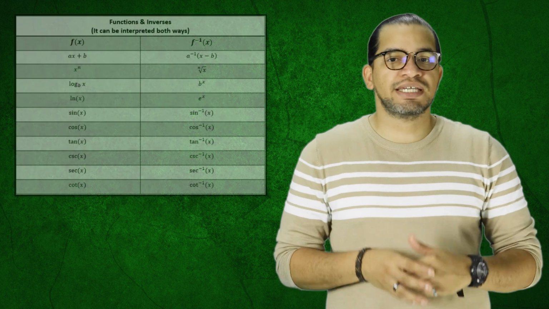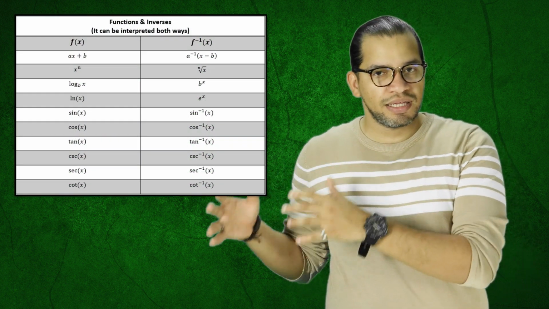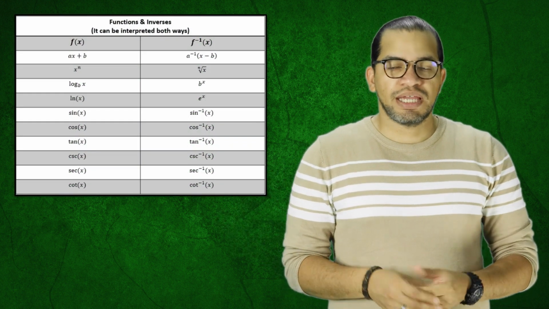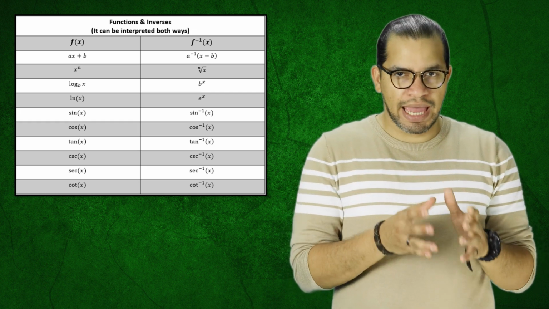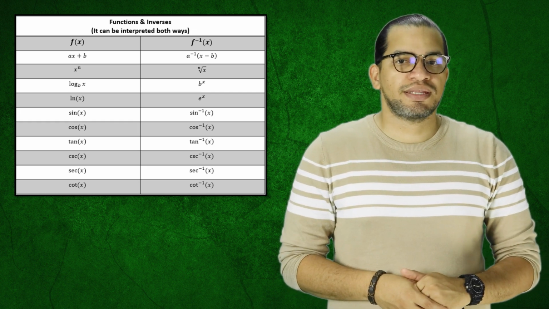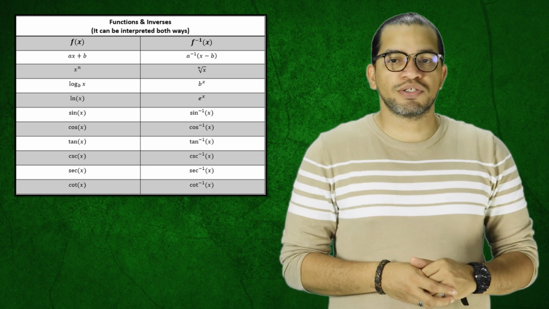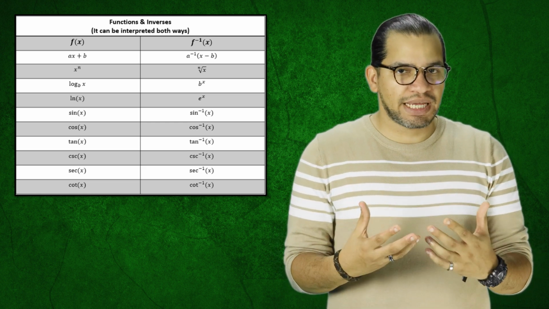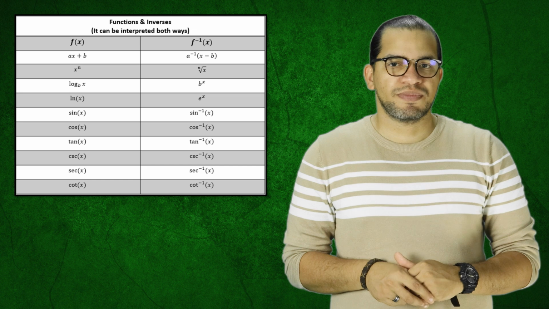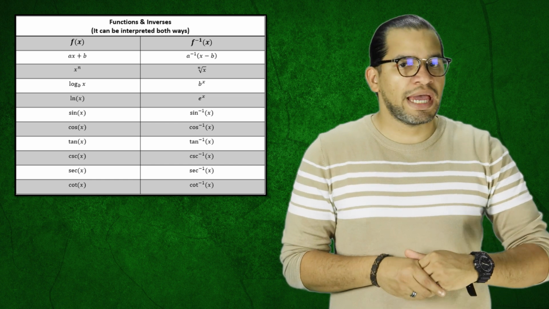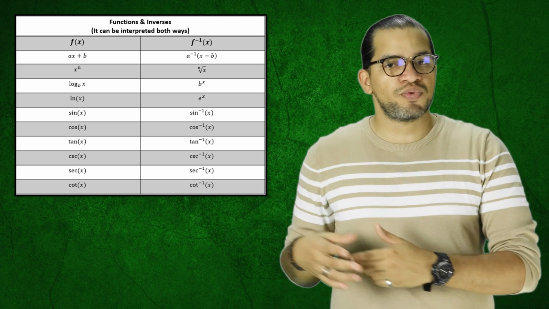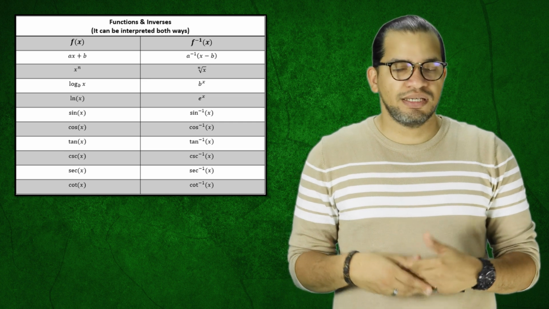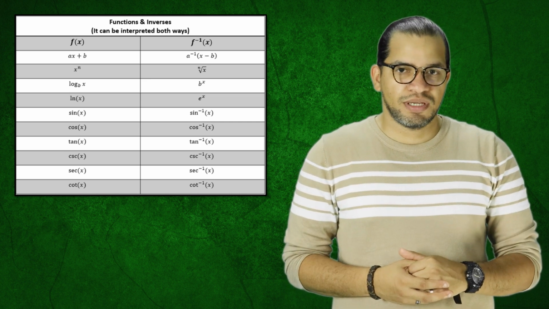The following represents a list of basic functions and their inverses. If f of x is equal to ax plus b, then x minus b divided by a represents its inverse. If f of x is equal to x to the n, then the nth root of x is its inverse.